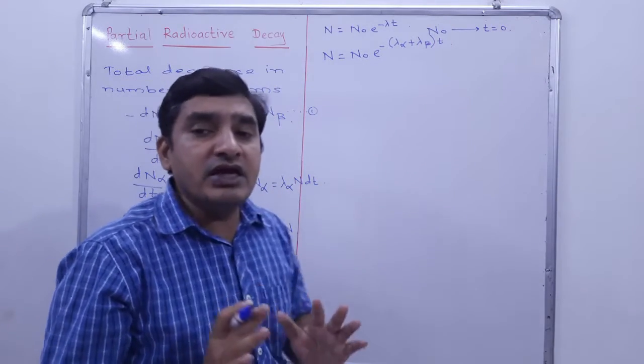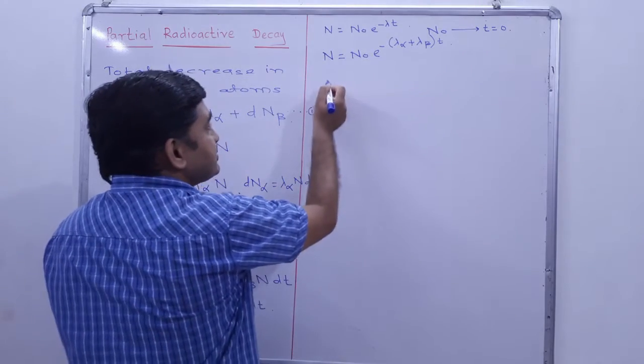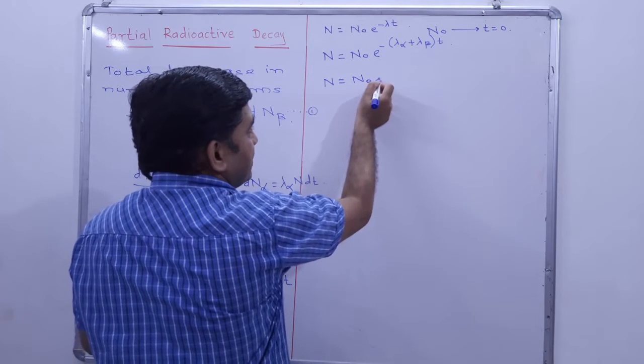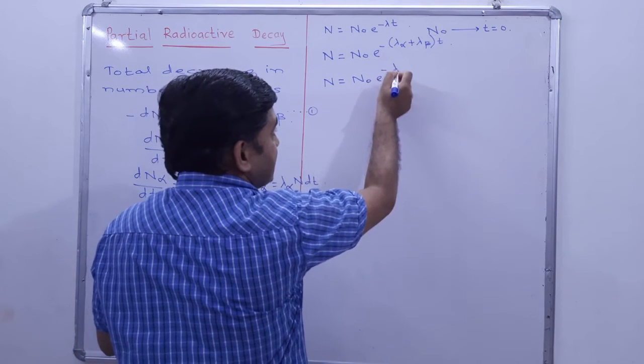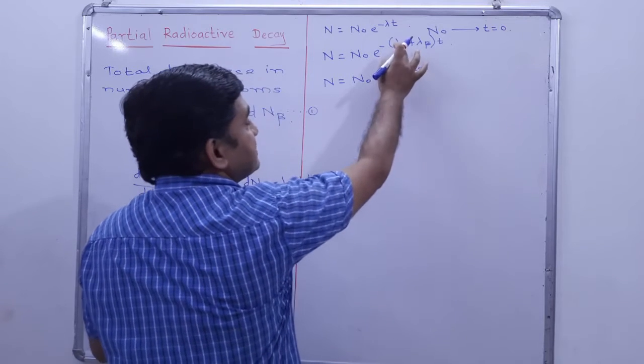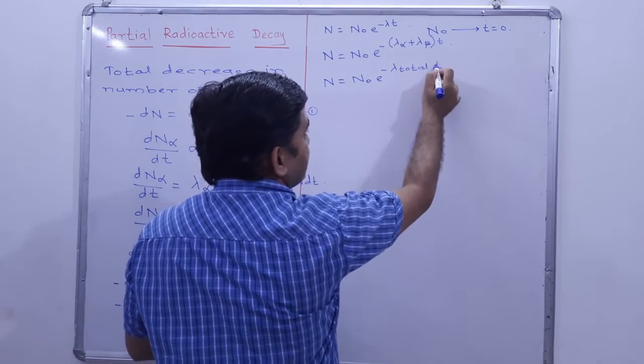This can also be written as N equals N0 e raised to minus lambda total into t, where lambda total is lambda alpha plus lambda beta.